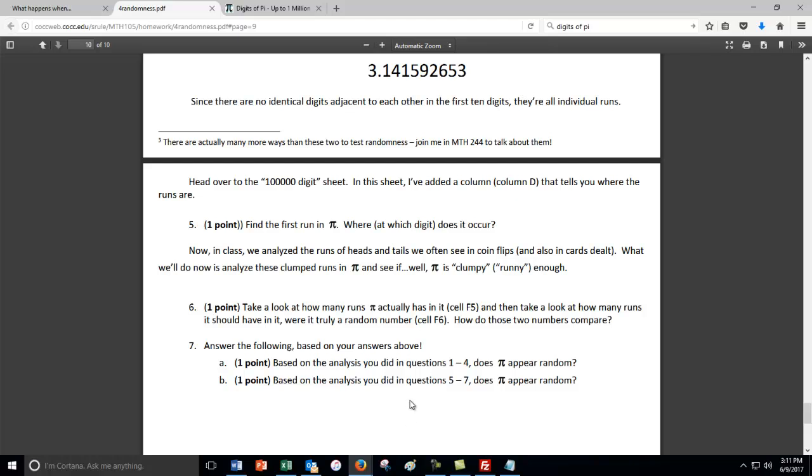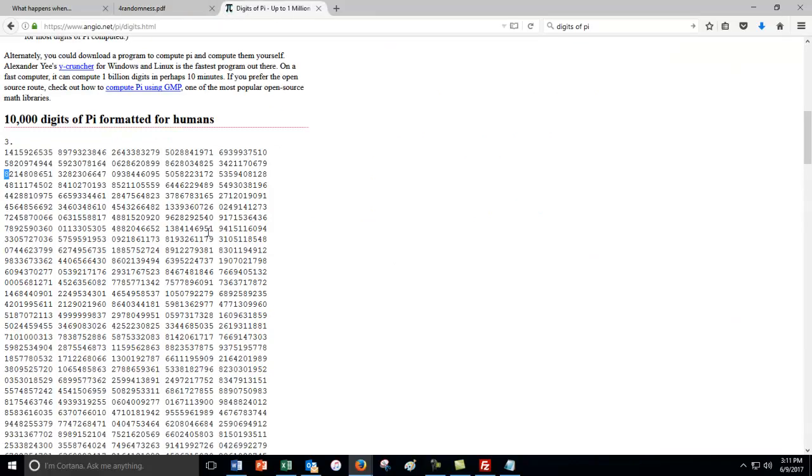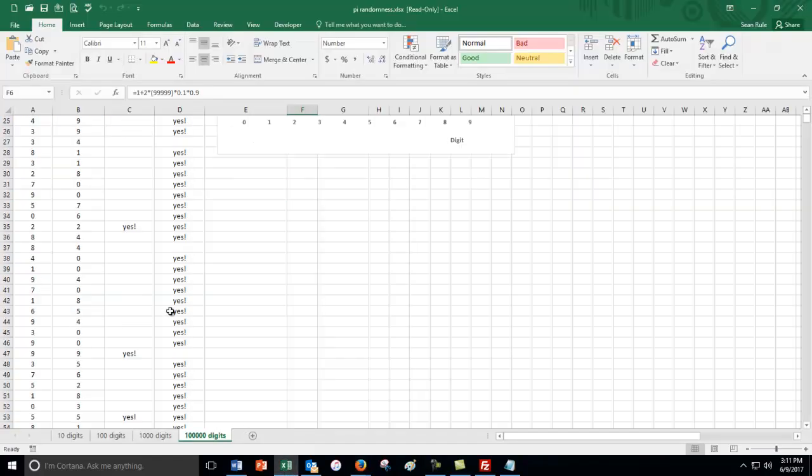As a matter of fact, one of the interesting things I Googled as I was looking at these is there's actually a neat occurrence of 6 nines in the first 1,000 digits of pi. There's a place where there's 6 nines in a row. That run would actually have shown up in your Excel spreadsheet somewhere down here, where you're going to see a big old blank with 5 spaces in it.